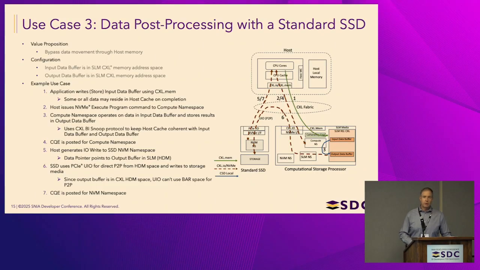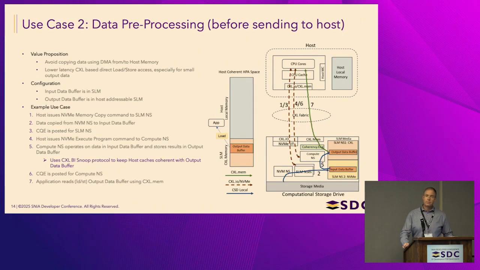All right, third example. Oh, there's a question. Go ahead. So, in the end, the SLM memory in the device, this data buffer, is only limited. So after you do a bunch of these reads, there should be some way for the host to say, I don't need that memory anymore. You know what I'm saying?